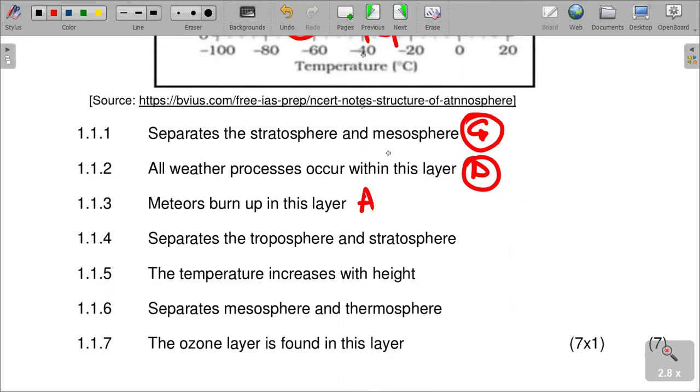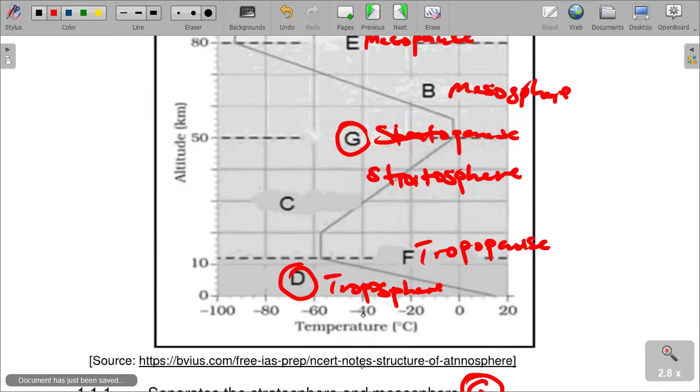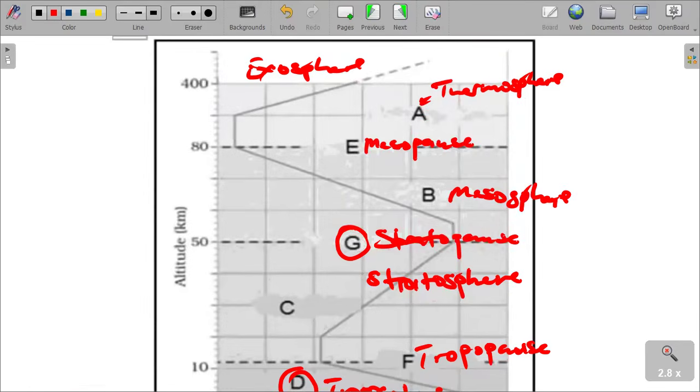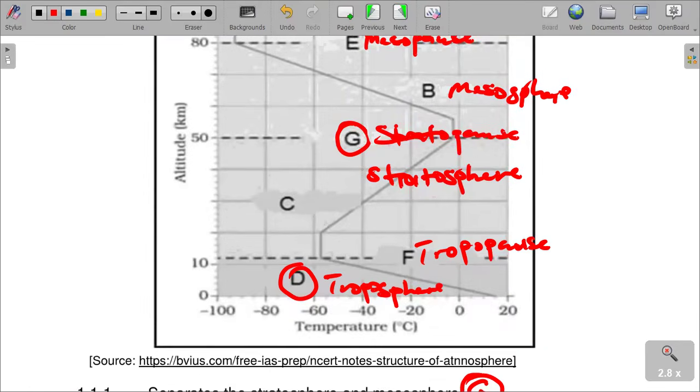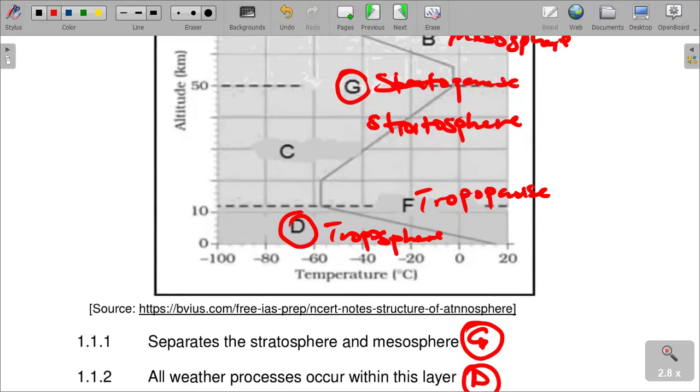Number four: what separates the troposphere and the stratosphere? You need to understand that it is the tropopause.